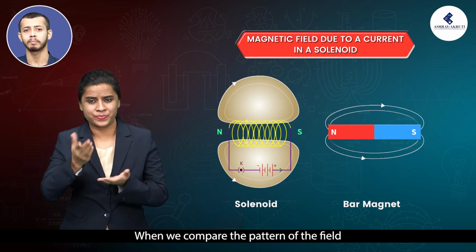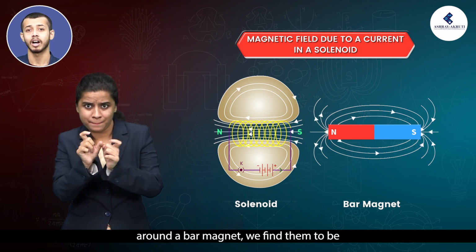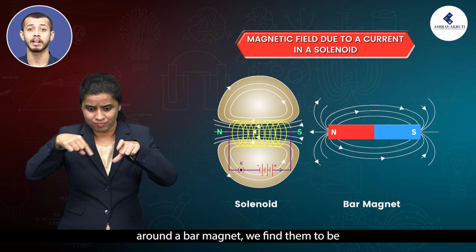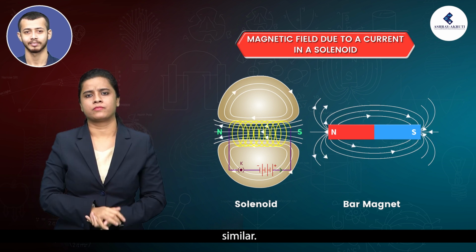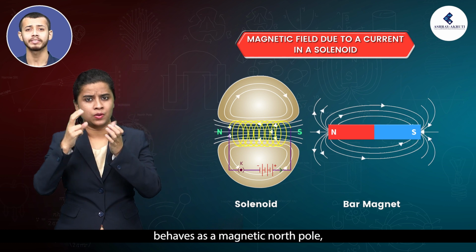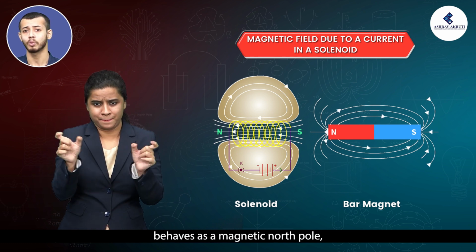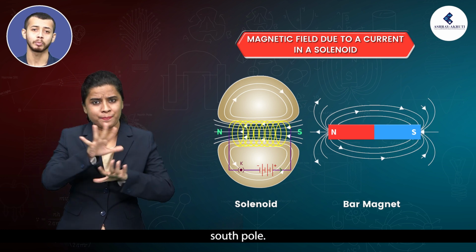When we compare the pattern of the field with the magnetic field around a bar magnet, we find them to be similar. In fact, one end of the solenoid behaves as a magnetic north pole, while the other behaves as the south pole.